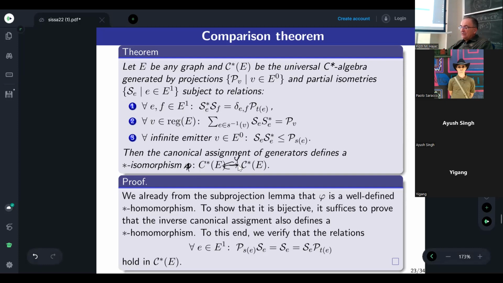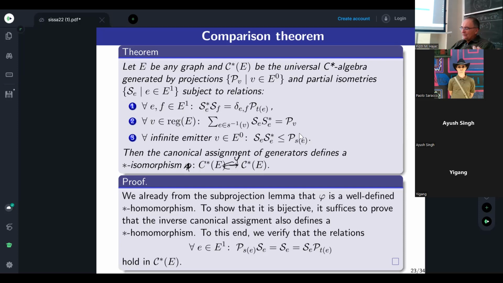Why? Because after we proved this subprojection property in the graph C*-algebra, I know that all relations satisfied for the calligraphic C*-algebra are satisfied over there. So this is a well-defined star homomorphism, because all relations are satisfied.